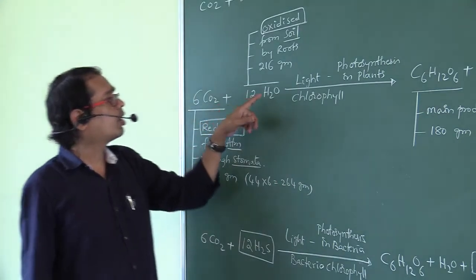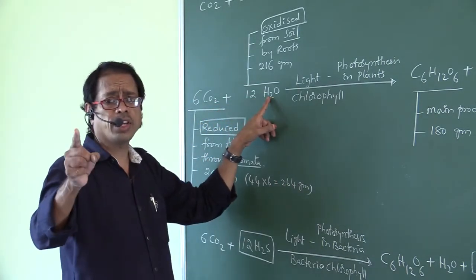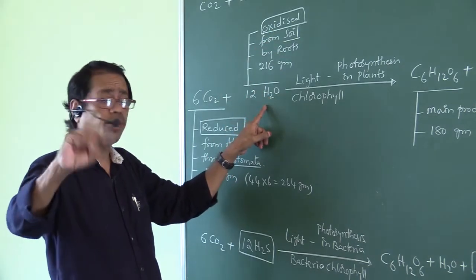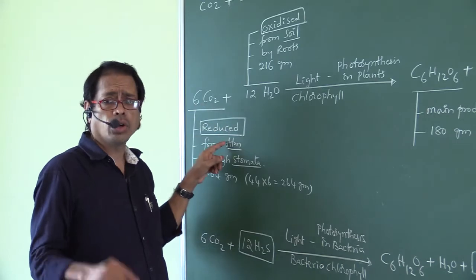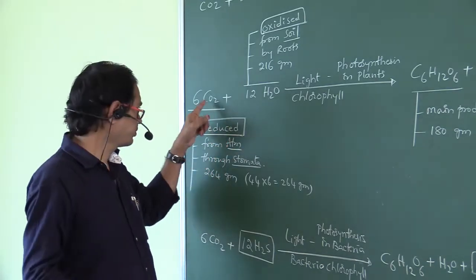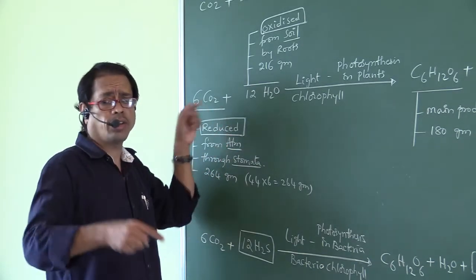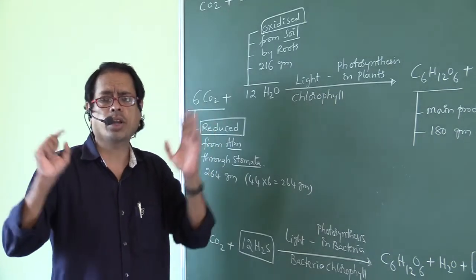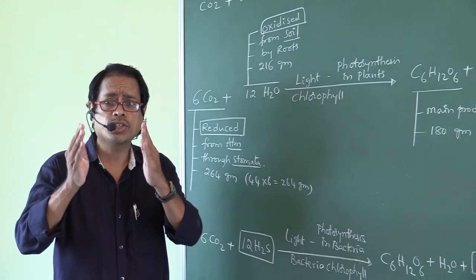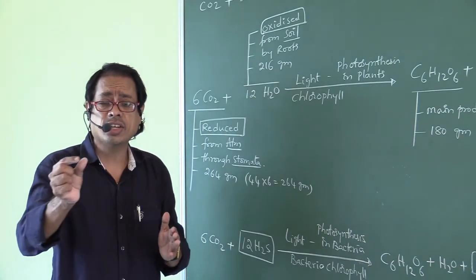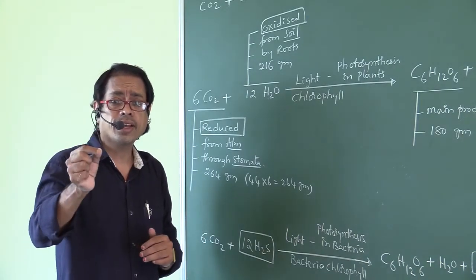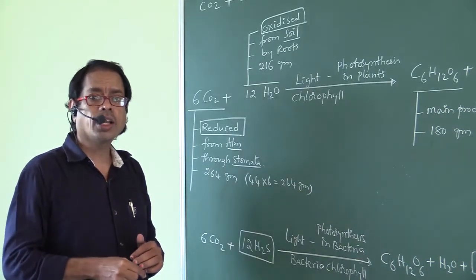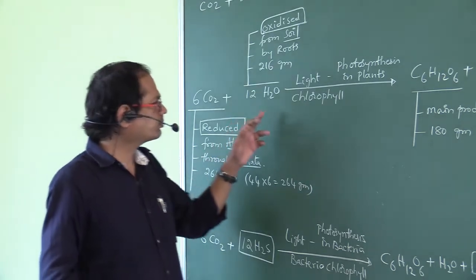In the photosynthetic equation, which one is oxidized? Water. Which one is reduced? CO2. How can you remember? Reduced C, carbon dioxide C. Like that you have to remember. This is a very, very important point, my dear students. Carbon dioxide is reduced, water is oxidized, right?